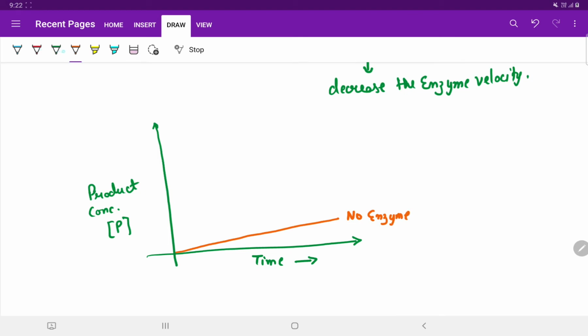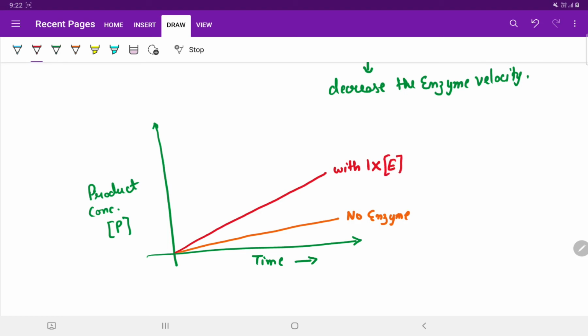With the presence of an equitable concentration of enzymes, this becomes like this. This is usually with the required amount, we can say 1 times the enzyme concentration.